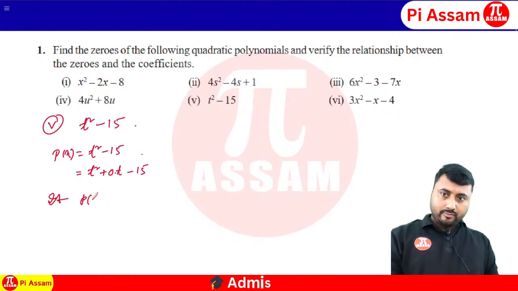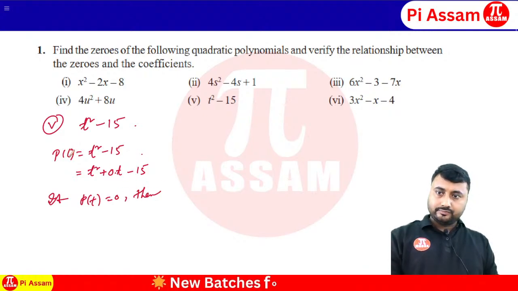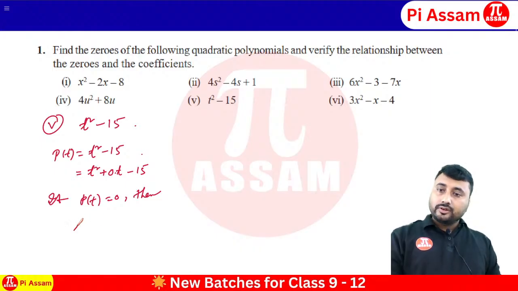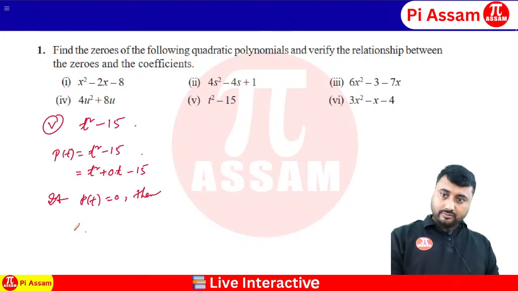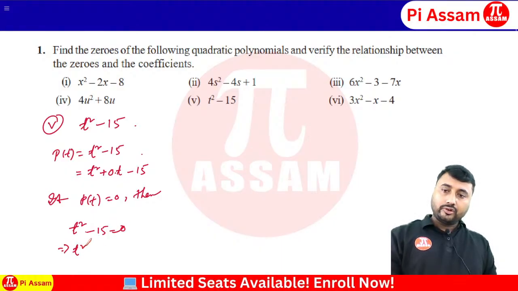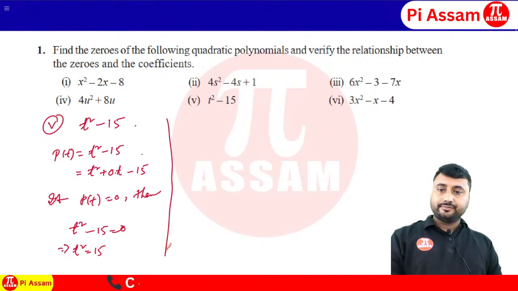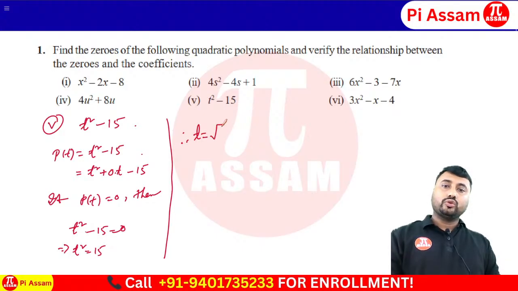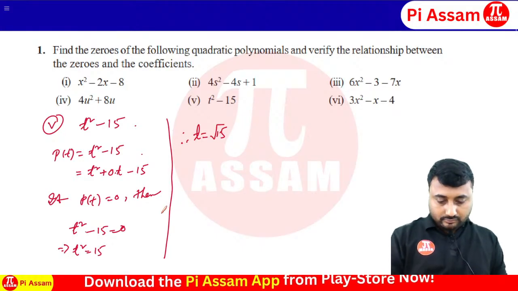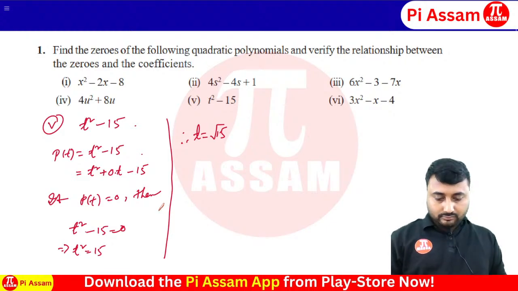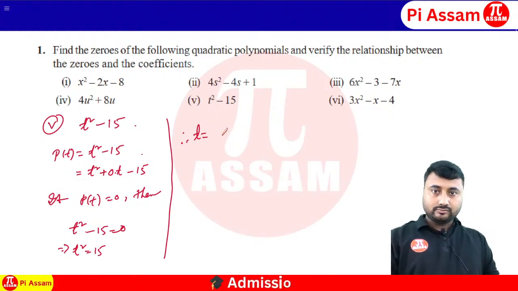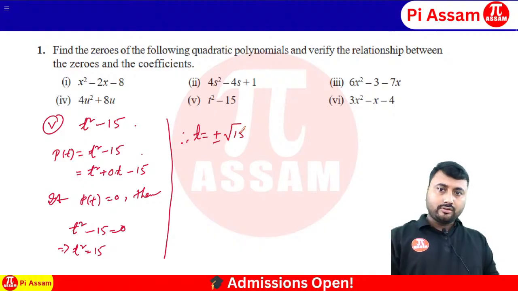If p of t equal to 0, then t square minus 15 equal to 0. Therefore t square equal to 15, right? Therefore t equal to plus minus root over 15.